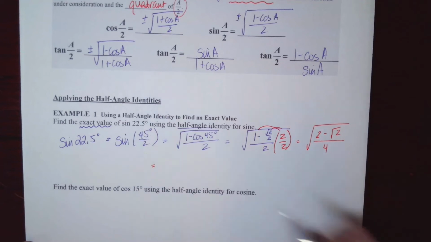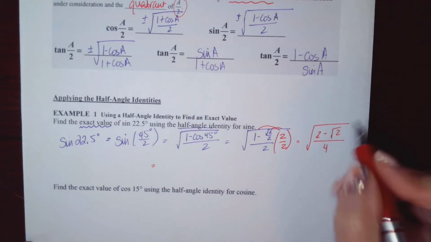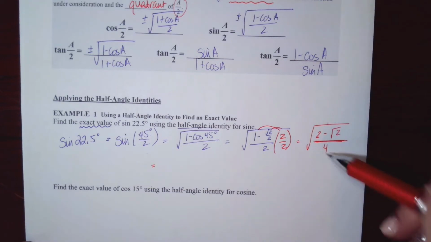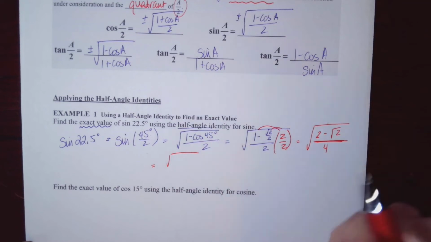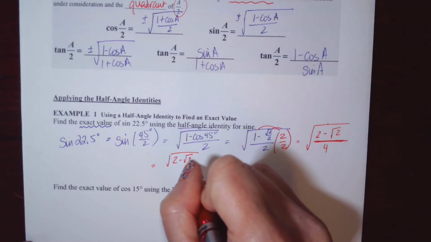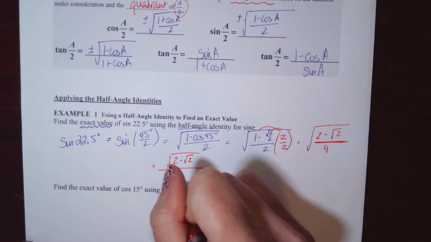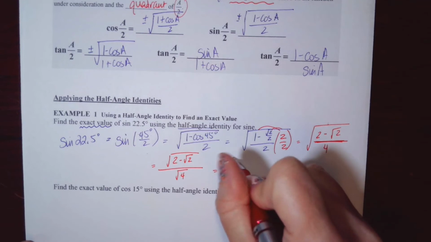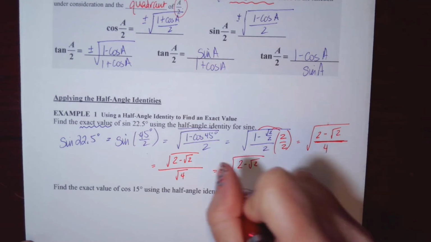Now remember how we work with radicals. I can split this fraction into 2 separate square roots. My numerator is the square root of 2 minus square root 2, and my denominator is square root 4. Well, square root 4 will simplify. That's just 2. In my numerator, I leave that stacked radical.